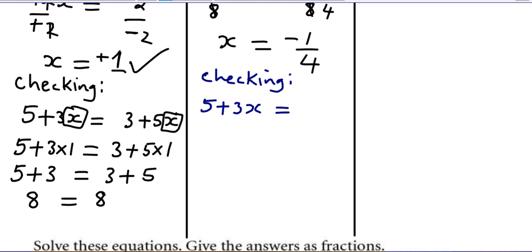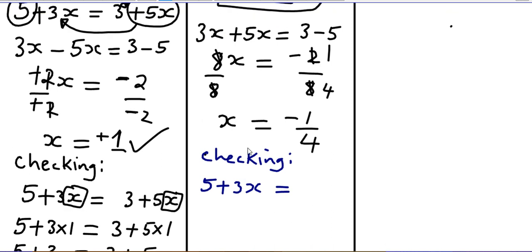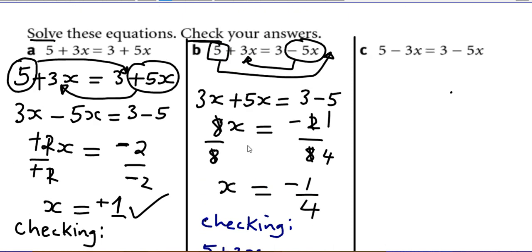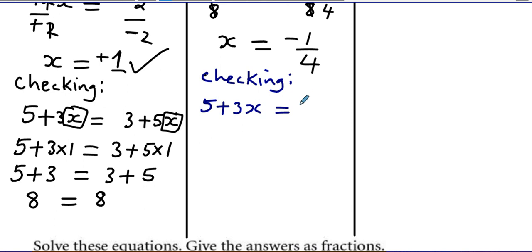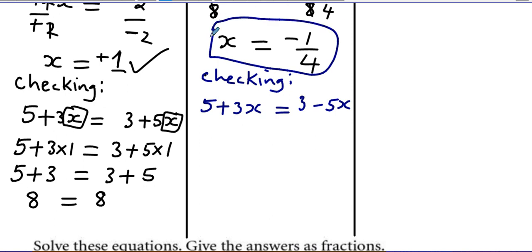On the left hand side we have 5 plus 3x, and on the right we have 3 minus 5x. The value of x is negative 1 over 4, so you substitute that. 3x means 3 times negative 1 over 4. Let us see if this will be equal to 3 minus 5x, that means times negative 1 over 4.